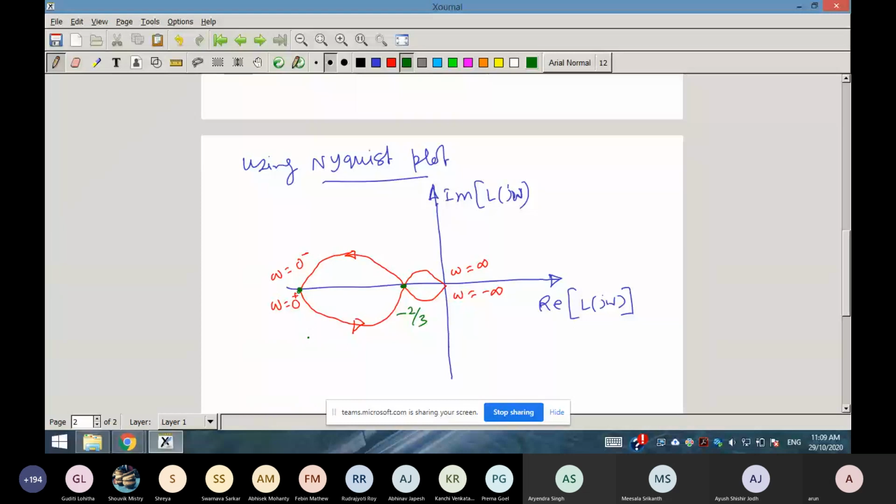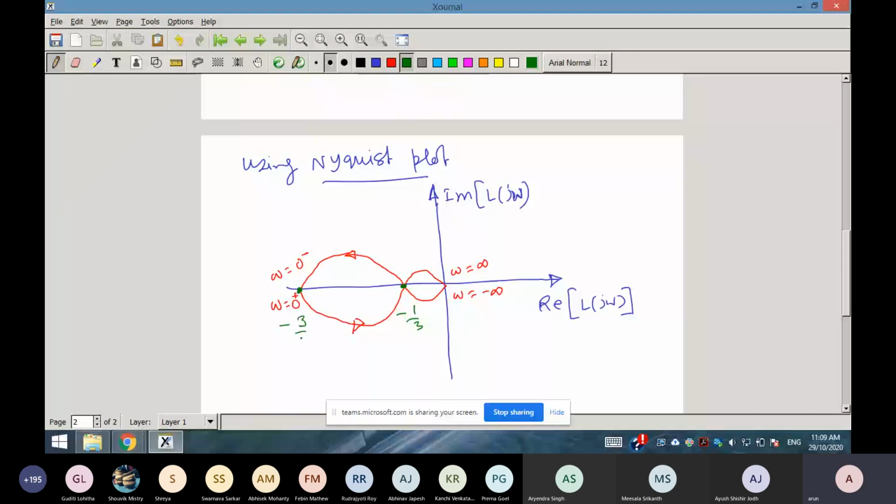Sorry, this should be 1 by 3, because ultimately then your point is 1 by 3, and this point is minus 3 by 2.